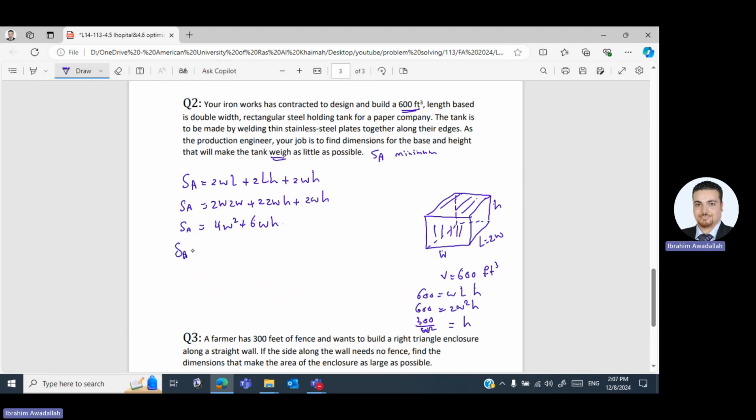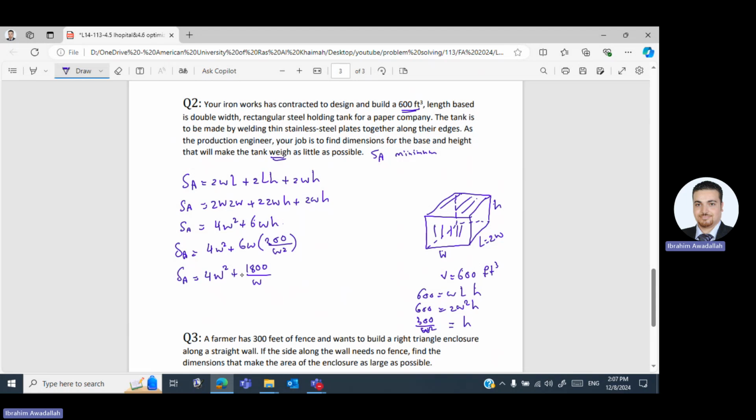So SA equals 4W squared plus 6WH, and the value of H is 300 divided by W squared. 4W squared plus 300 times 6, 1,800, divided by W, because one of these W with one of these W will be matched.